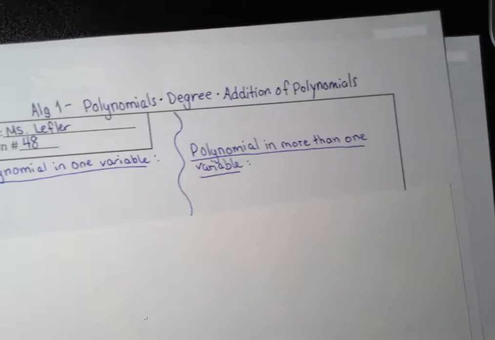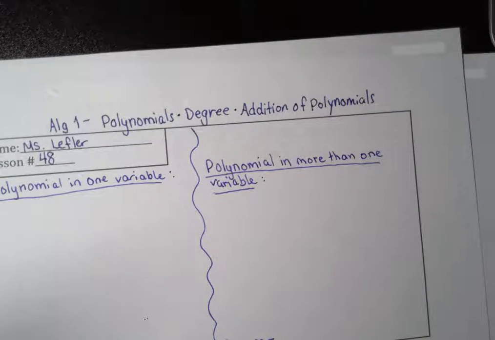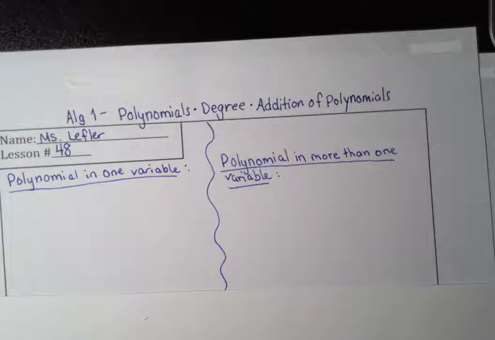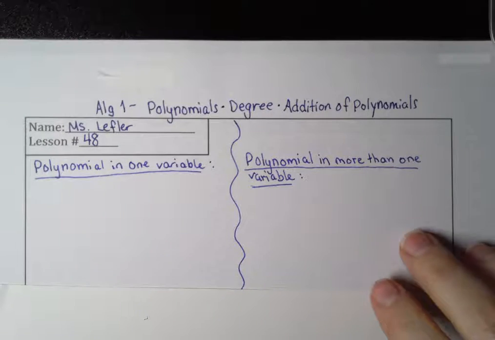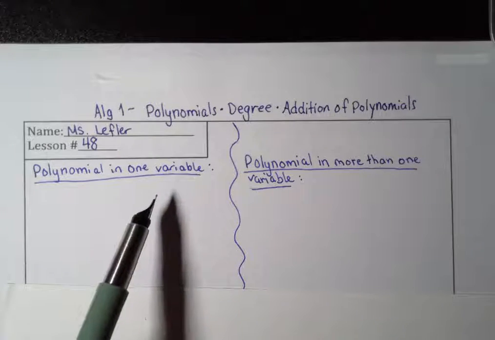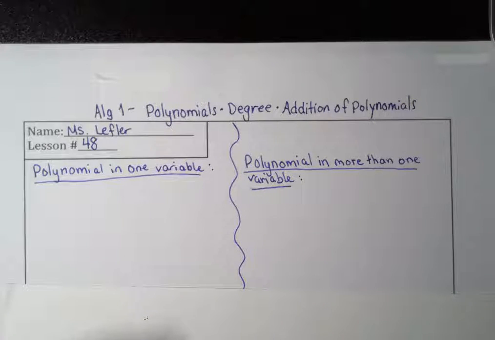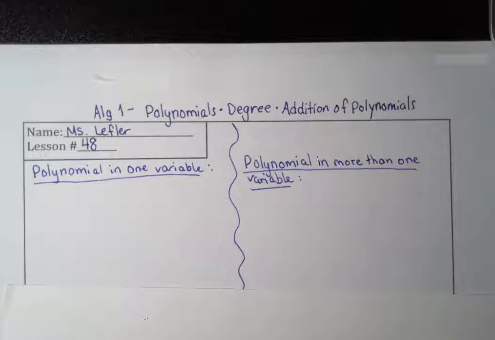So there's different types of polynomials. The first example we're going to see is a polynomial in one variable. A polynomial in one variable means that there's only going to be one variable. Basically, a polynomial is an algebraic expression that's a bunch of terms added or subtracted.